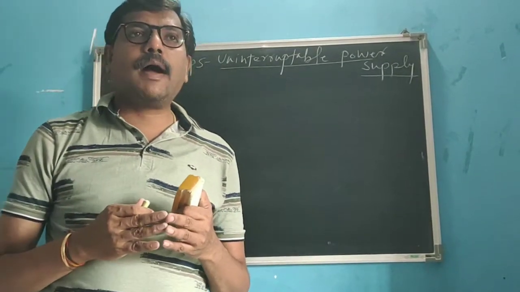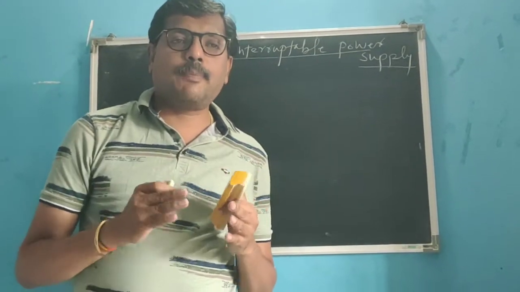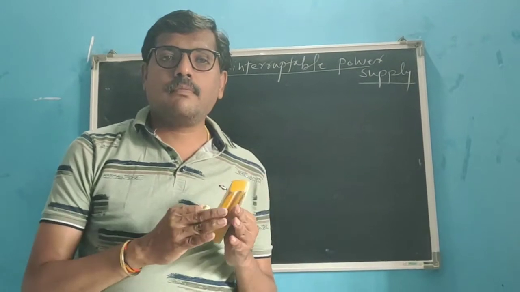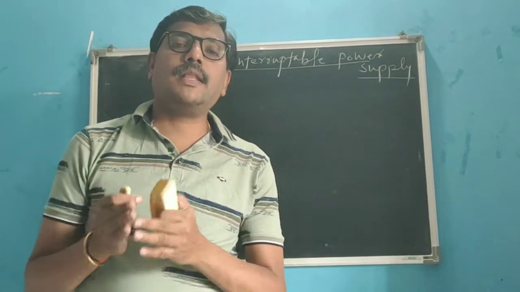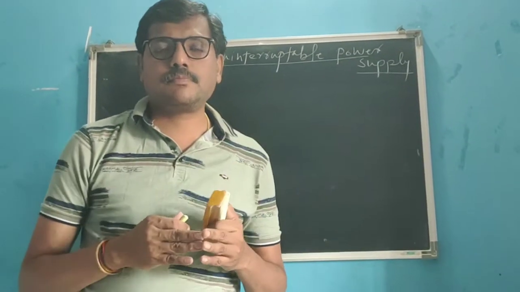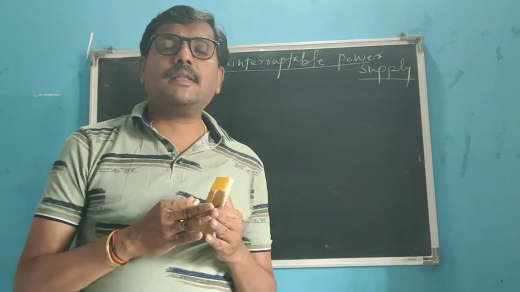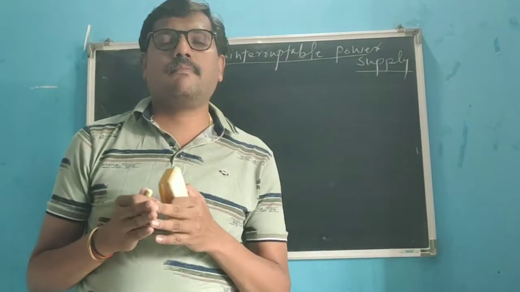Second, it provides the constant load voltage to the load if there is a fluctuation in the power supply. Simply, it provides constant voltage, and also provides constant frequency to the load.